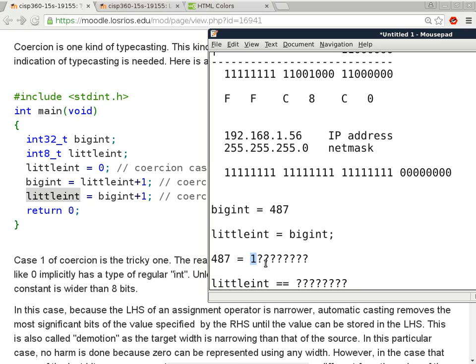But that's a problem because we are losing something, and in the assignment operation, the value in the variable little int is not really the same value as in big int. So the next question, the really obvious question, is, should this be considered an error?